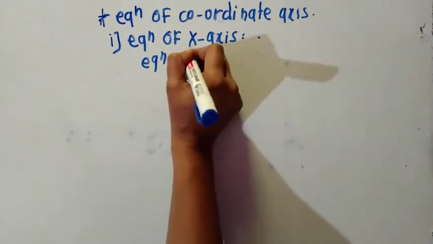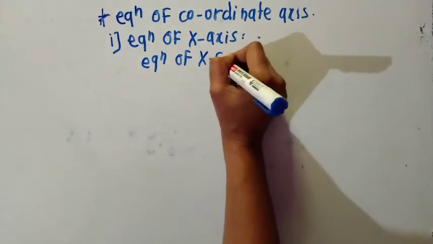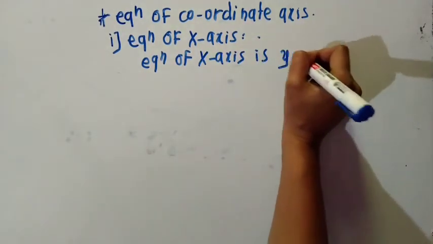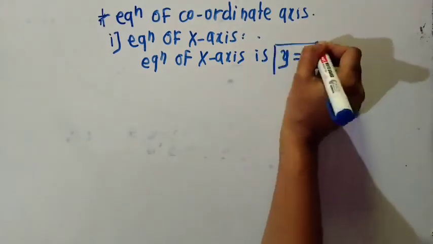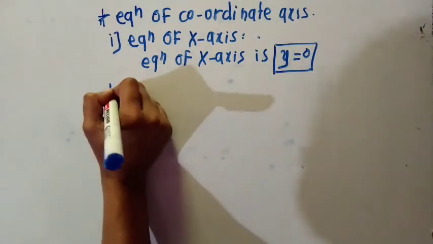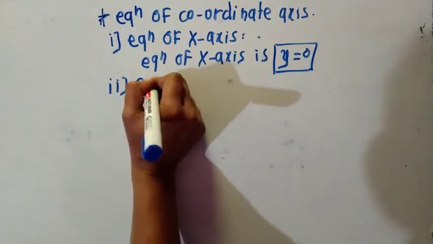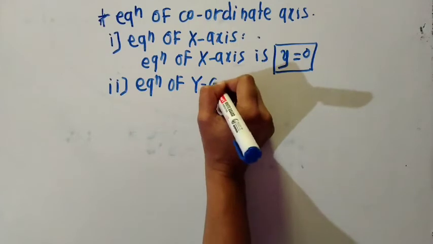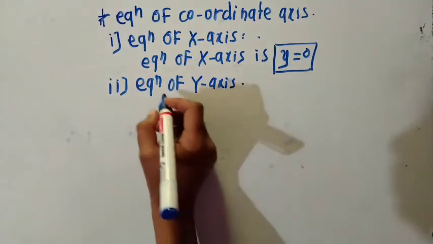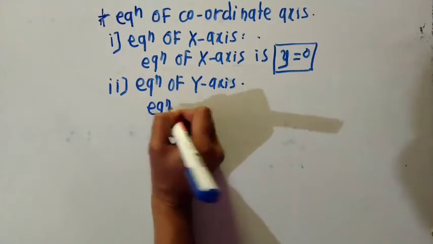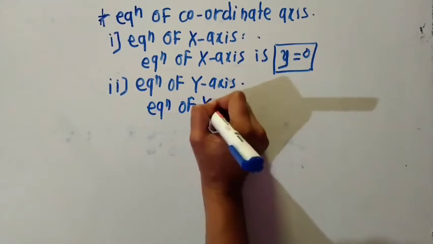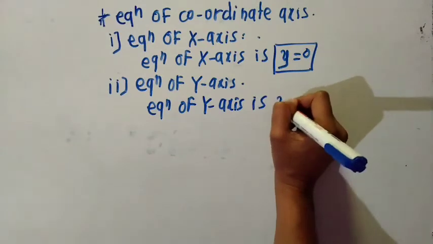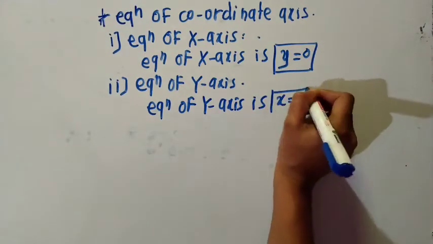Equation of x-axis is y is equal to 0. Then second is the equation of y-axis. Equation of y-axis is x is equal to 0.